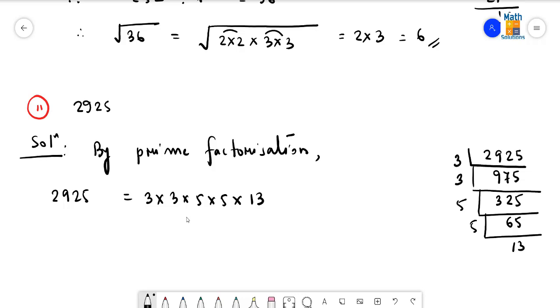So we can find that this number 13 remains unpaired in this part. So this whole number is to be divided by 13 to make it a perfect square. Let us check.